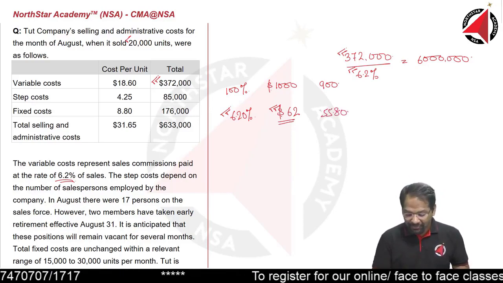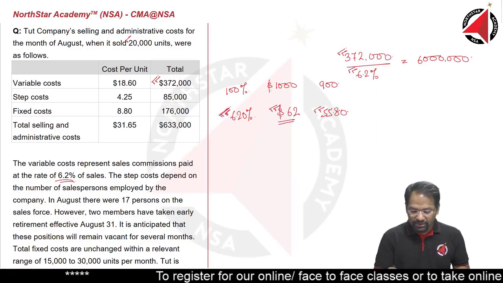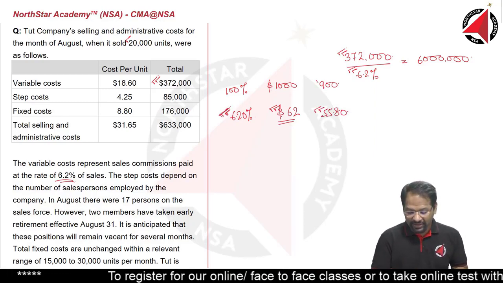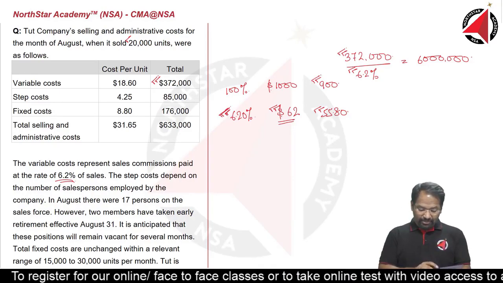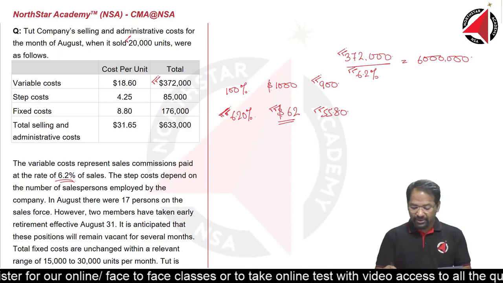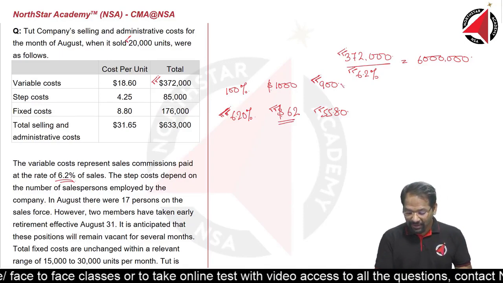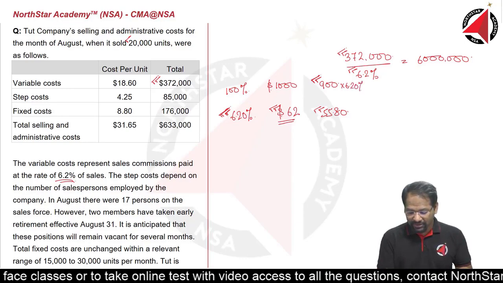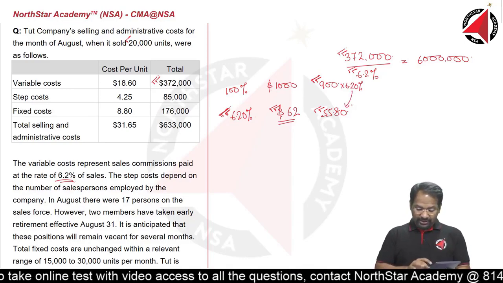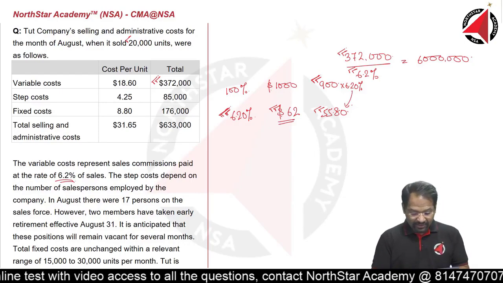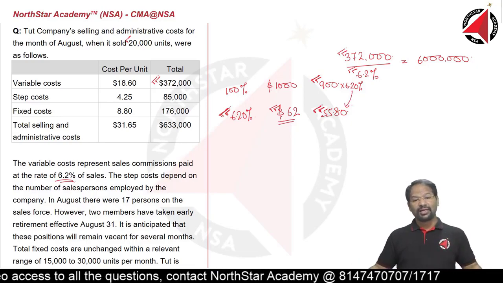Now let's see whether 55.80 is exactly equal to 6.2% of sales. And what is sales? 900. So 55.8 divided by 6.2% gives $900, or $900 multiplied by 6.20% gives exactly $55.80.